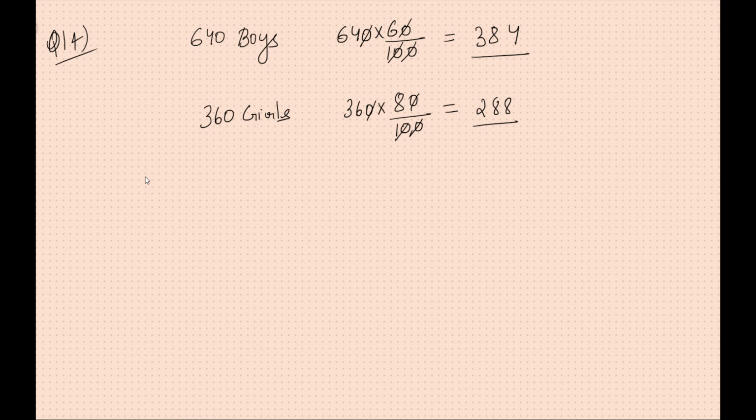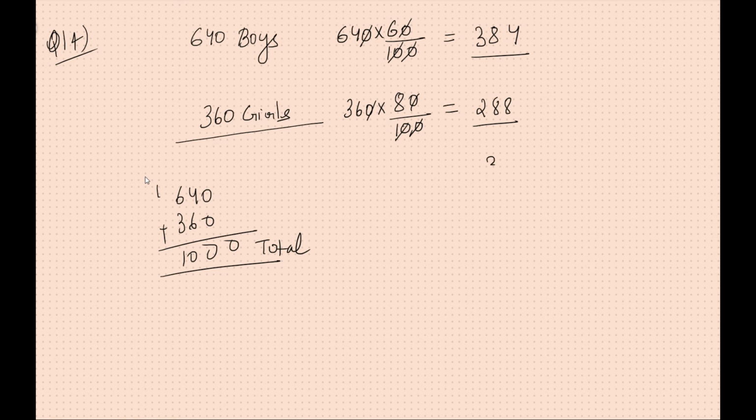Okay, now the question is how many in all failed? So how many total number of girls and boys are there? 640 plus 360, 1000 total. How many passed? 384 plus 288, 672 passed.